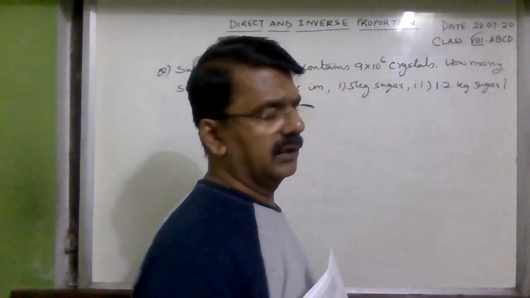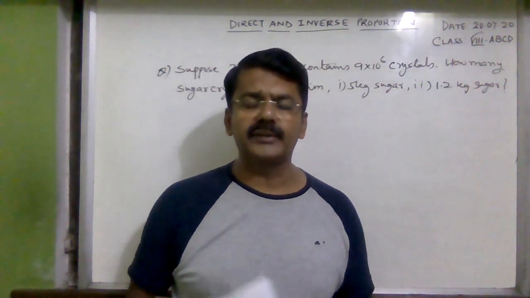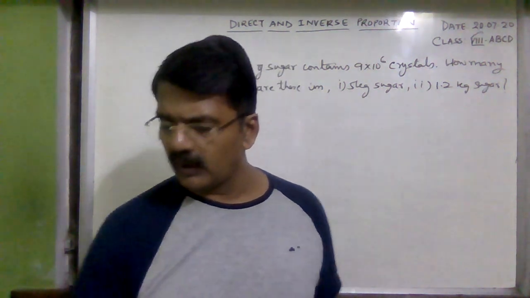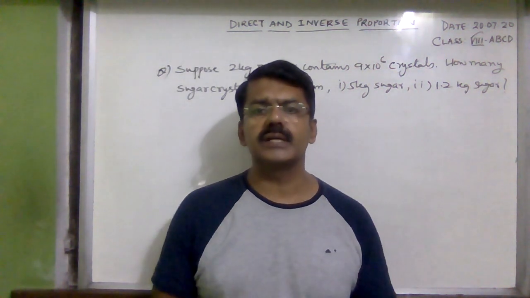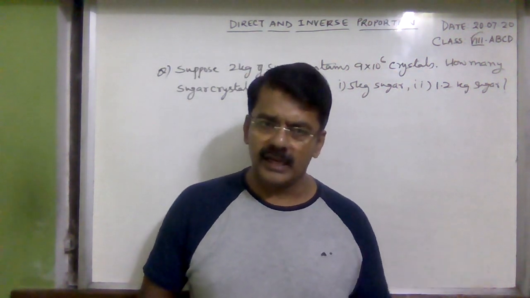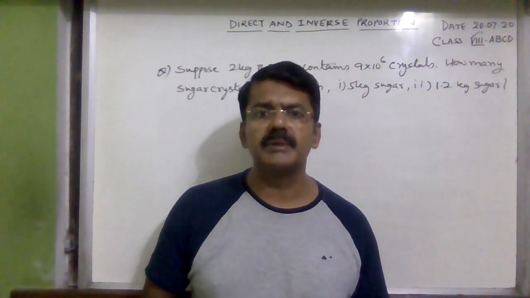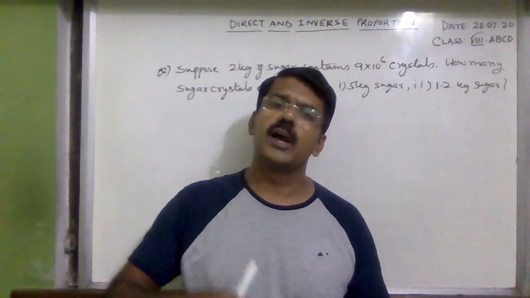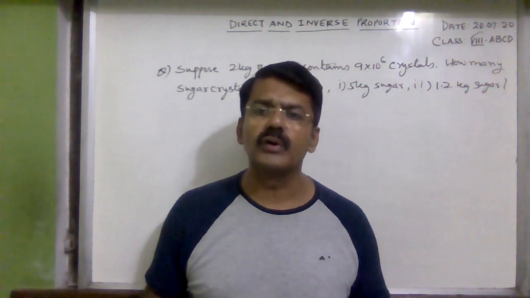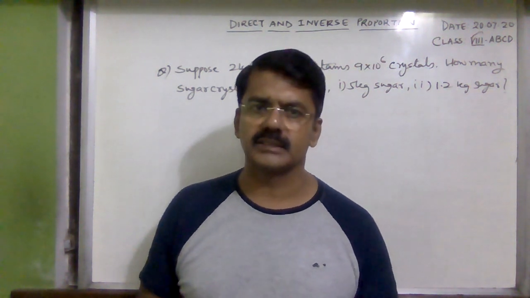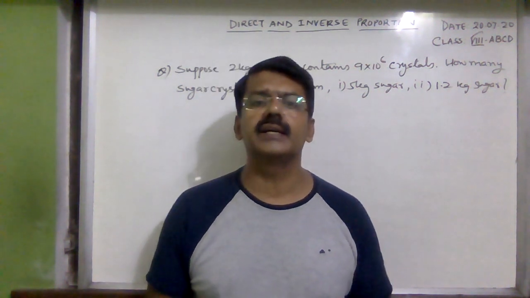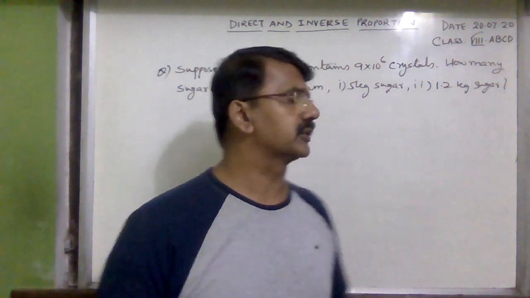So here we are talking about the weight of sugar and the number of sugar crystals. So again you can see, less the weight of sugar, less will be the number of sugar crystals. More is the weight, more will be the number of sugar crystals. That means the two quantities are here in direct proportion.